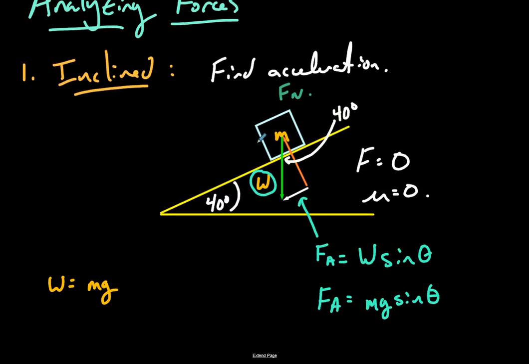Now we also understand that in this scenario, the only force acting on this object, or I should say the net force, is this overall force. The net force on this object is acting this way. And from Newton's second law, F net just equals m times a.